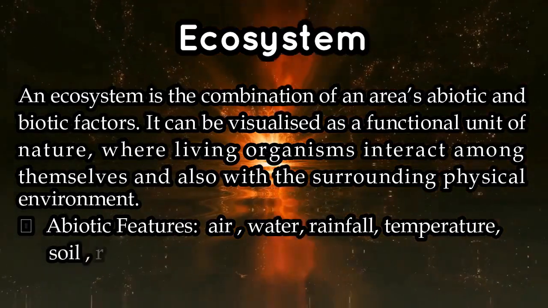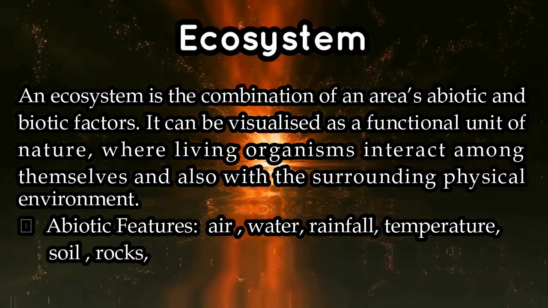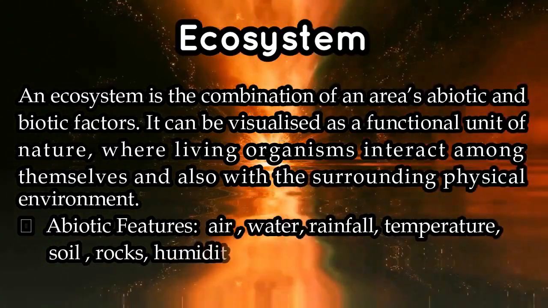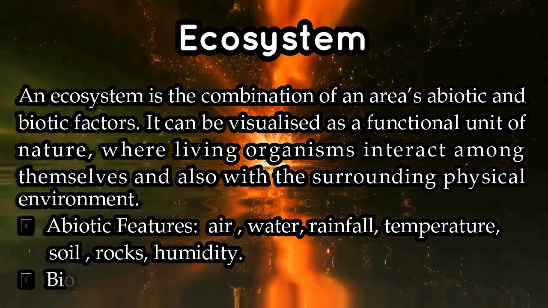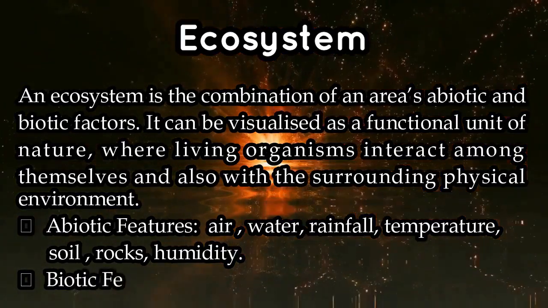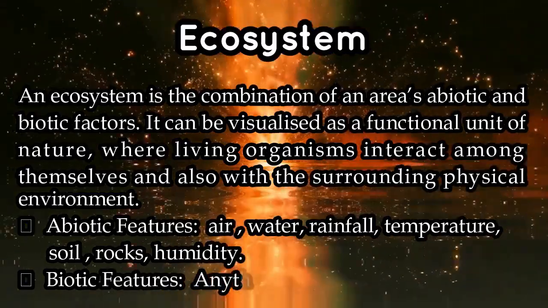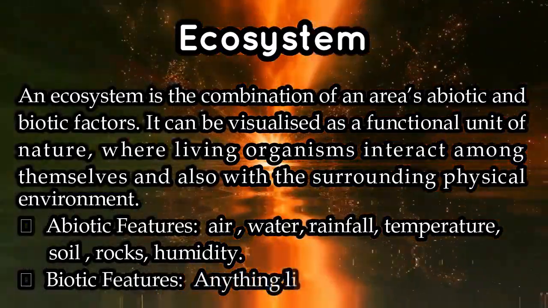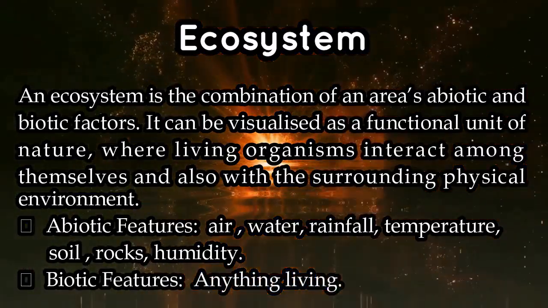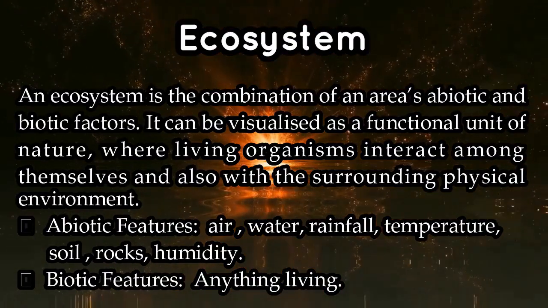The ecosystem can also be visualized as a functional unit of nature, that is, it can be considered a small part of nature where the biotic or living organisms interact with the abiotic or non-living things, as well as with other biotic organisms.